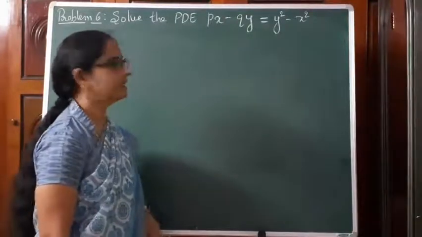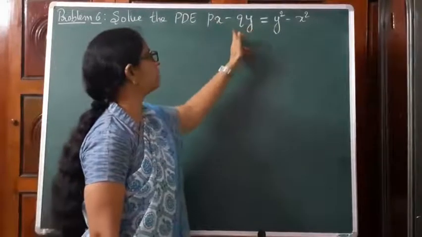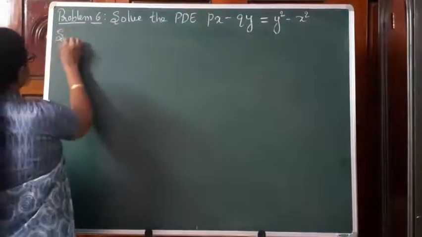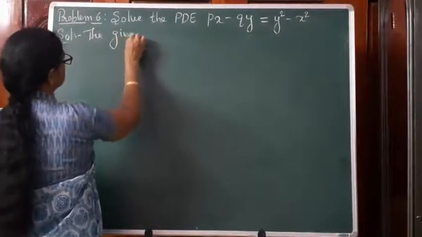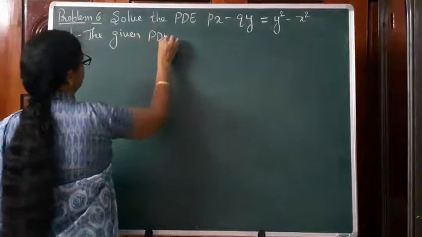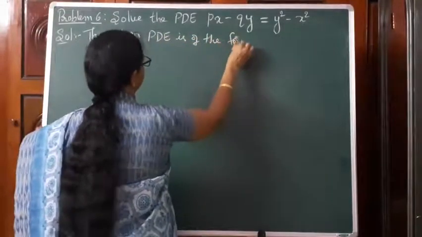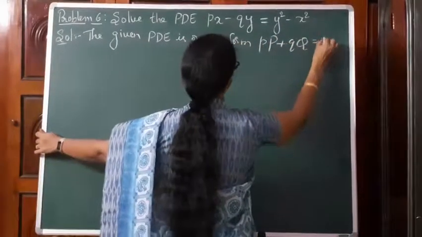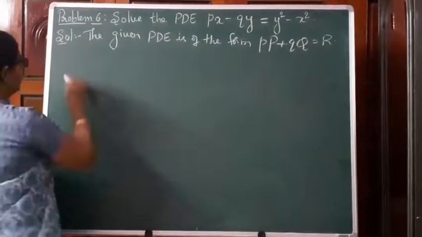It is a linear differential equation of the form P p + Q q = R, which is a first order linear partial differential equation.